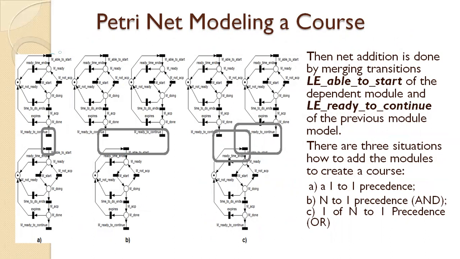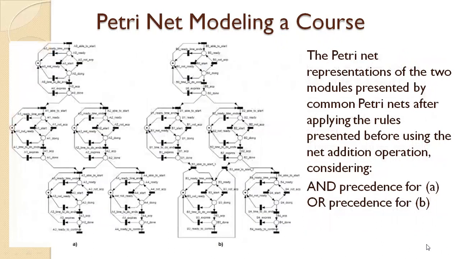There are 3 situations of how to add the modules to create a course due to different types of precedence, as you can see in pictures A, B, and C. The Petri net representation of 2 modules presented by common Petri nets after applying the rules presented before using the net addition operation, considering AND precedence for picture A and OR precedence for picture B.